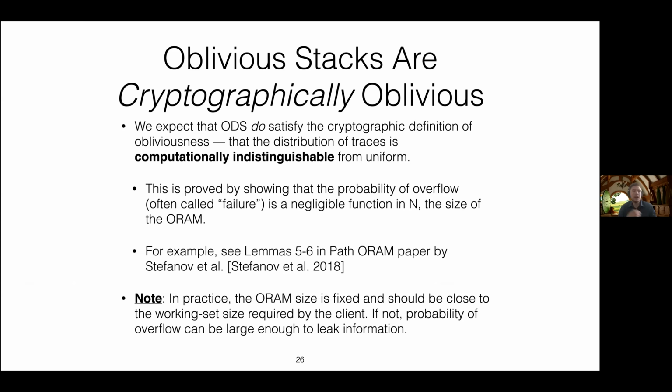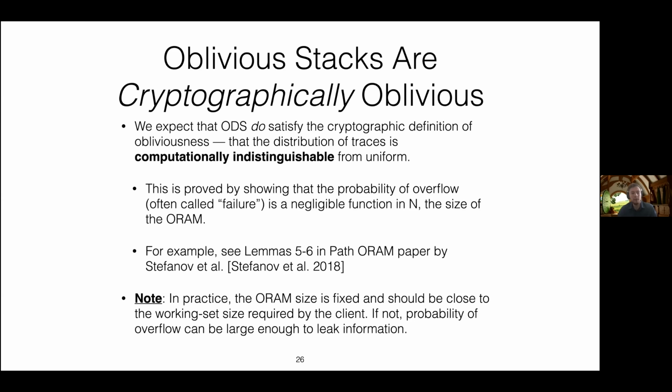So we expect that oblivious data structures do satisfy this cryptographic definition of obliviousness, but computational indistinguishability allows for a small probability of a leak. You typically prove computational indistinguishability by proving that the probability of overflow is a negligible function. In other words, it's small. And if you want an example of this sort of proof, lemmas 5 and 6 in the PathORAM paper are a good place to look.